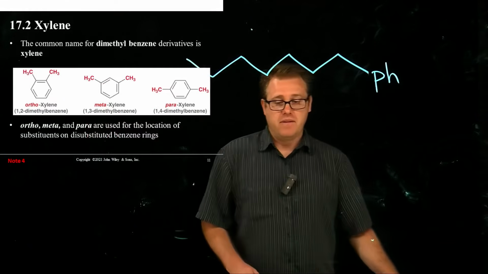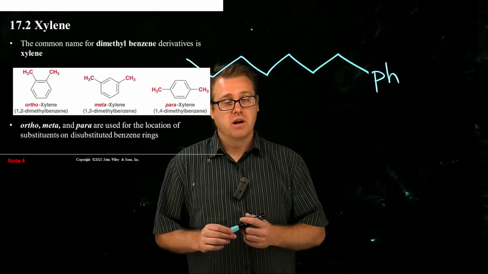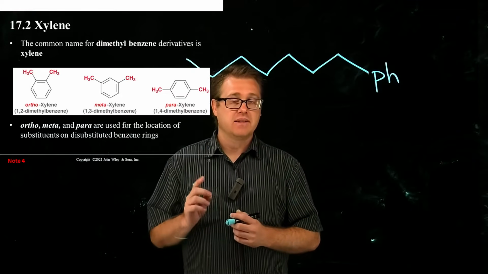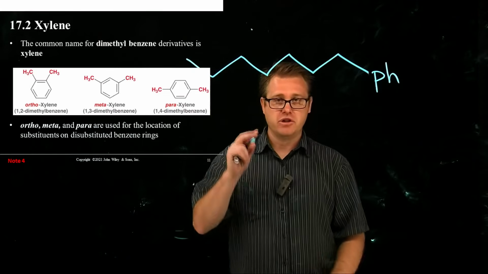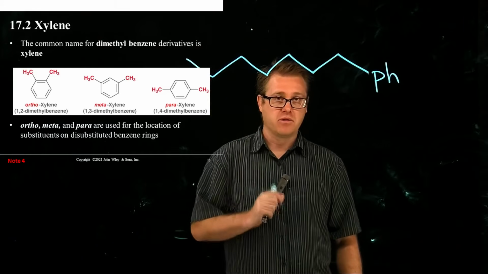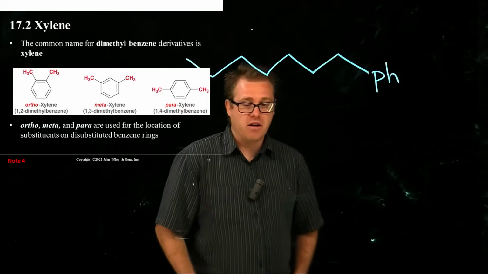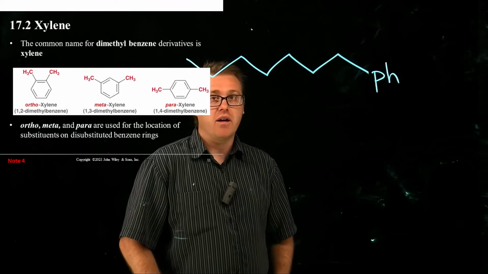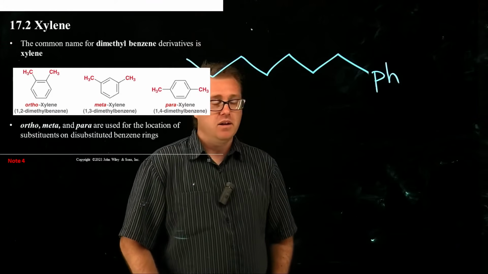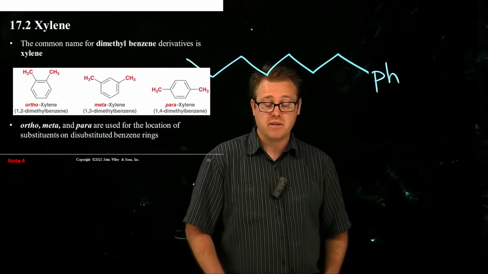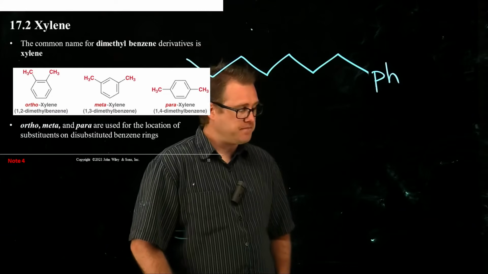We have a very common molecule called xylene. Xylenes are molecules that have 2 methyl groups attached. So in the PowerPoint slide, you can see that there are 3 molecules there. They're all called xylene because they all have 2 methyl groups as substituents.